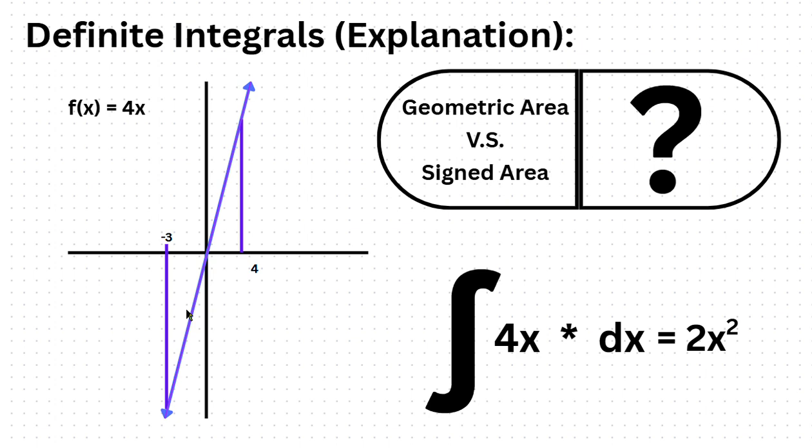But if we were to do it the other way around, going from 4 to -3, it becomes reversed, because every delta x we go is negative. That's why we're going this way. It would become negative 4x times delta x, so this area would become negative and this area would become positive.